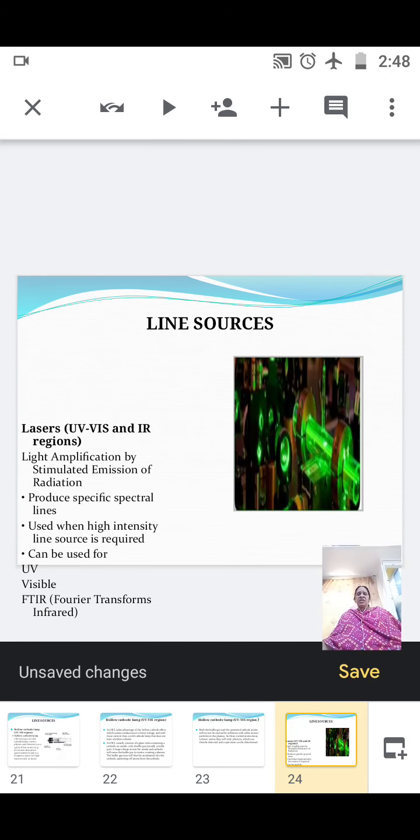When high intensity line sources are required, these laser line sources are used in all the three regions: UV, visible and IR regions. They can be used for UV, visible and FTIR, that is Fourier transform infrared region.